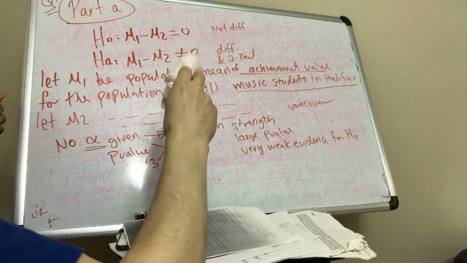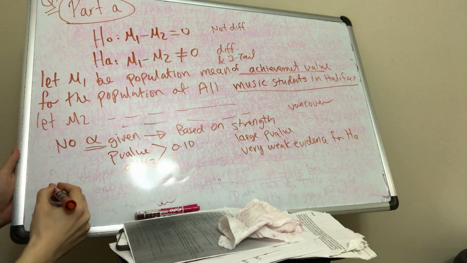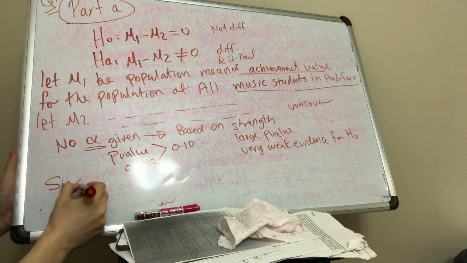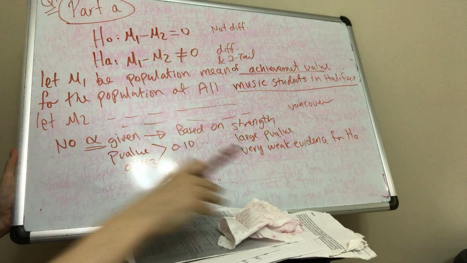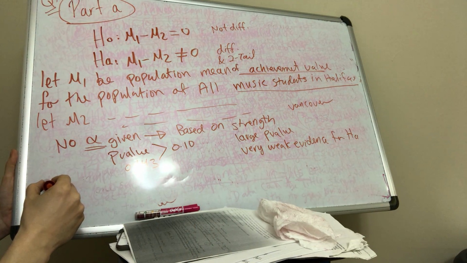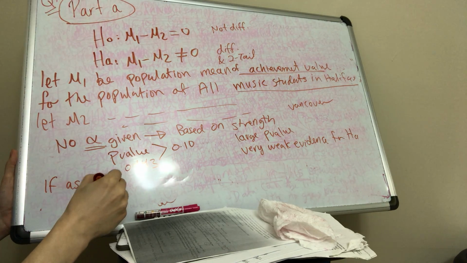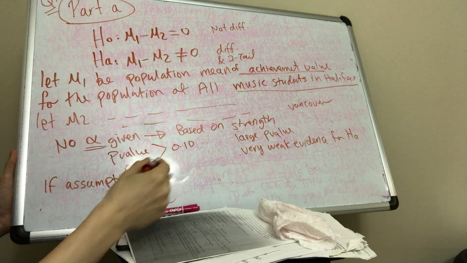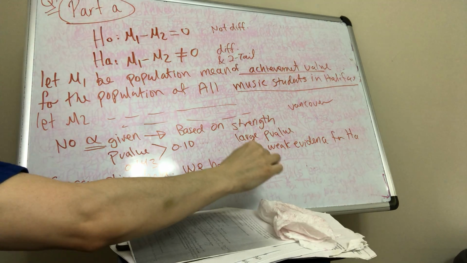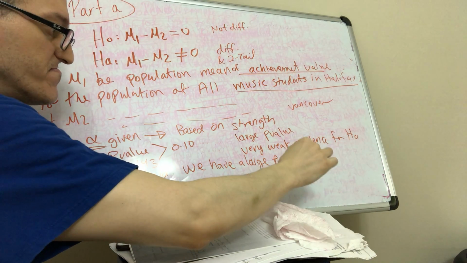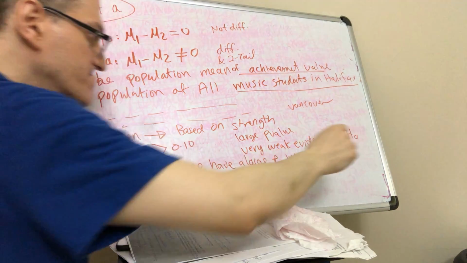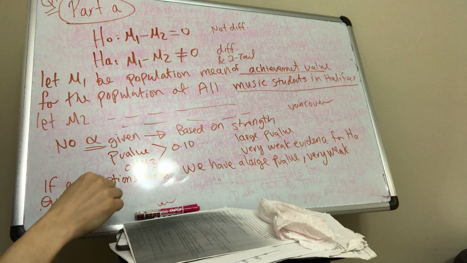So we say in English, again, we didn't talk about the assumptions here, and there was no mention of the assumptions being met, so we say: if assumptions hold, and we have to use the strengths language, we have a large p-value, very weak evidence for HA.